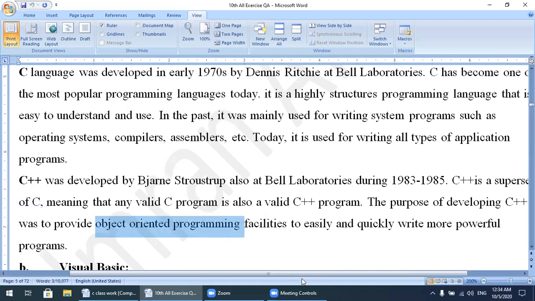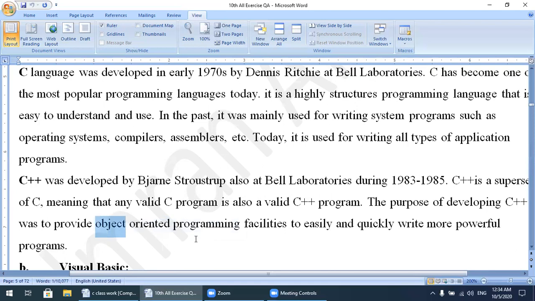What is the meaning of object-oriented programming? The C language was used for structured programming, and C++ is used for object-oriented programming. Now I will tell you what object-oriented programming is. First, object.